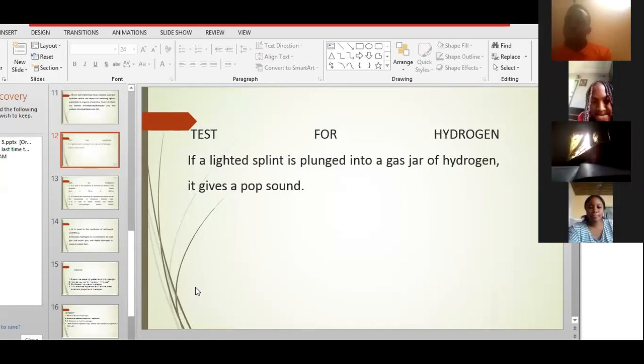I repeat, hydrogen gas gives a pop sound when a lighted splint, a glowing splint, is dipped into the mouth of the gas jar containing the unknown gas. That sound indicates the presence of hydrogen in the gas jar. Do you get me?